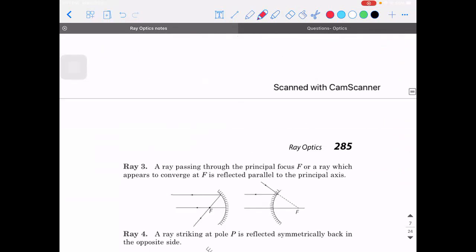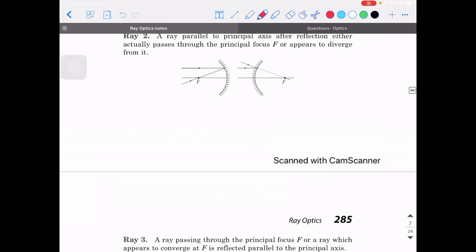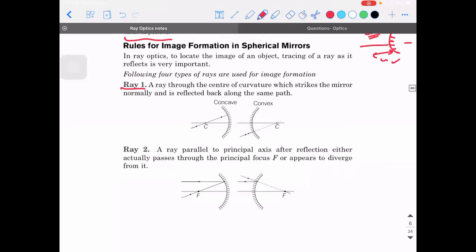A ray through focus will pass parallel to the principal axis. A ray hitting the pole will reflect back symmetrically with respect to the principal axis. Sorry, first point, center of curvature. Ray through the center of curvature will reflect back along the same path. Okay, yes.